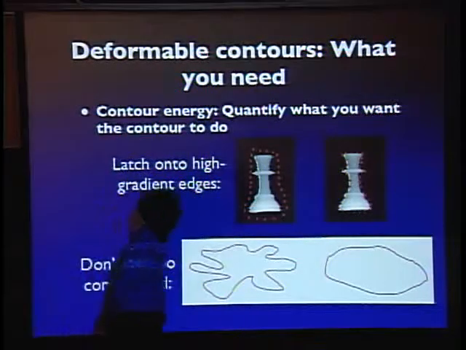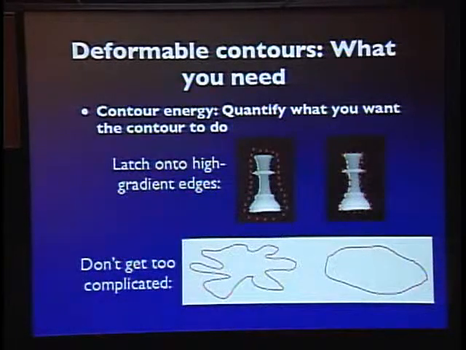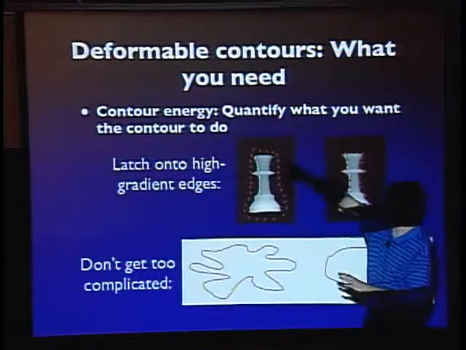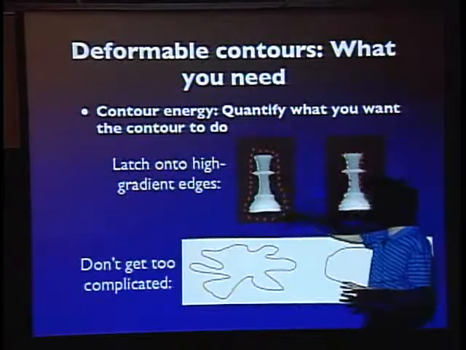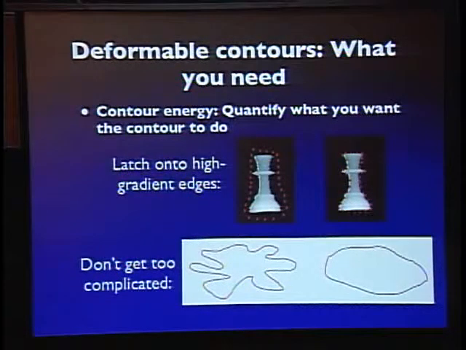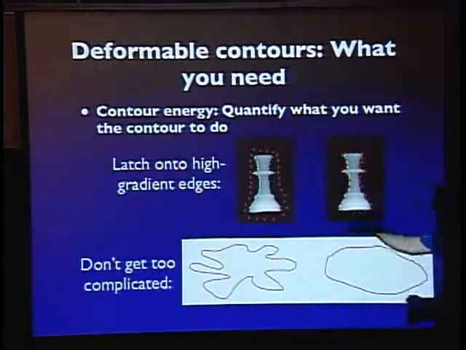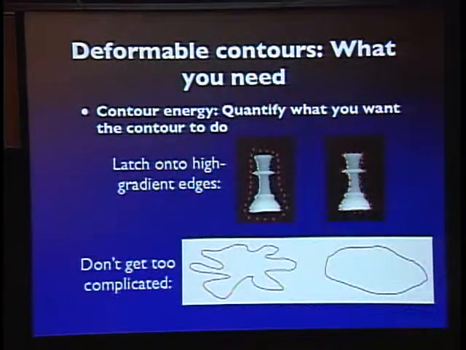And let's say that you have that previous example of the kind of chess piece shaped image, and your initial contour, either automated or manually described, is this one. Well, then you can just decide, because you are the engineer, the computer scientist, that this corresponds to a relatively high energy contour, and this corresponds to a relatively low energy contour, because it's doing what you want it to do.